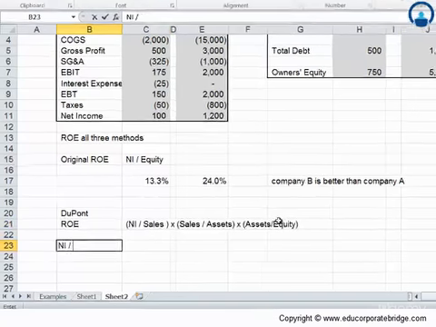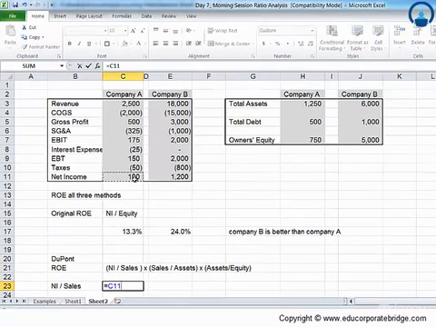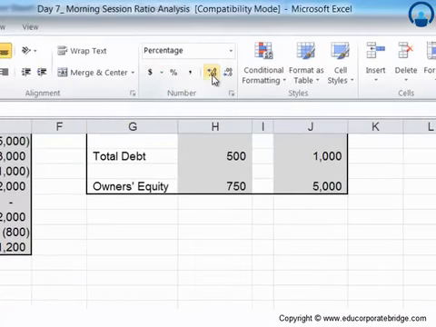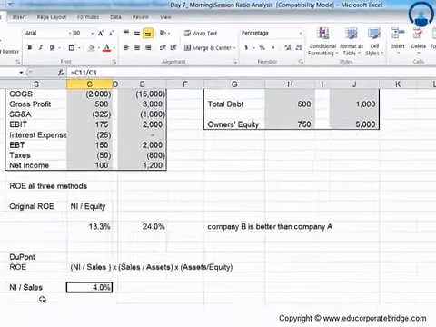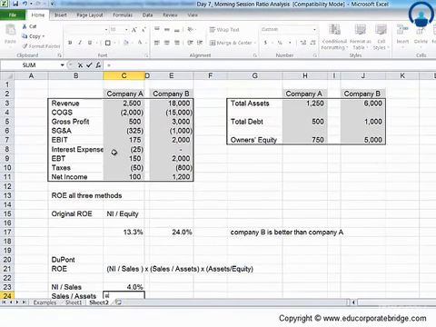Net income divided by sales. Here we have 100 for company A divided by sales, which is 2500. So this comes out to be how much percent? 4.0%. Let's calculate sales divided by assets for company A. Sales is 2500 and assets is 1250.